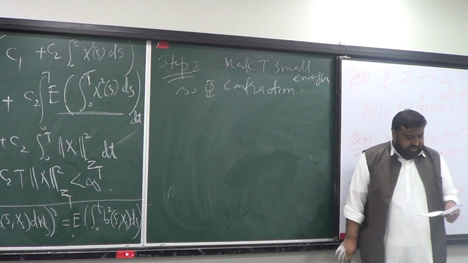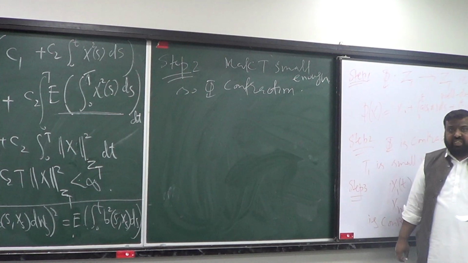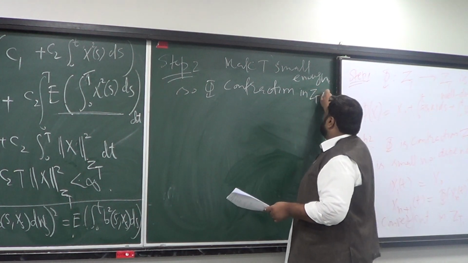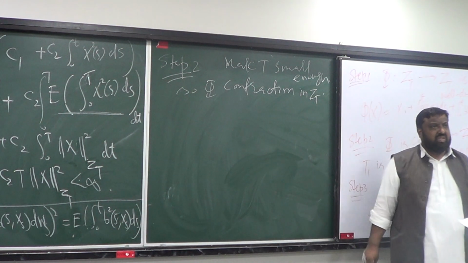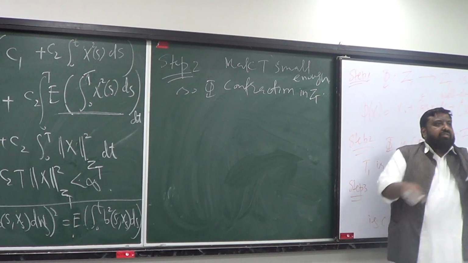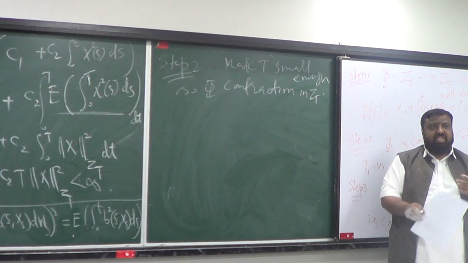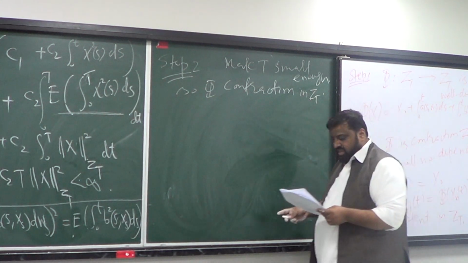Phi becomes a contraction in ZT. So for phi to be a contraction, it needs to be at least Lipschitz actually. So let's see whether it's Lipschitz locally or not.